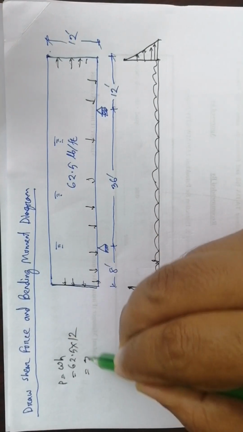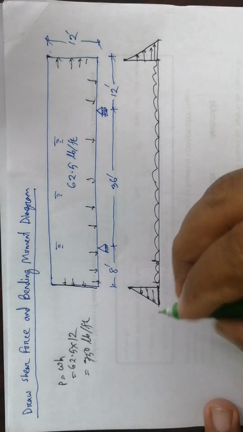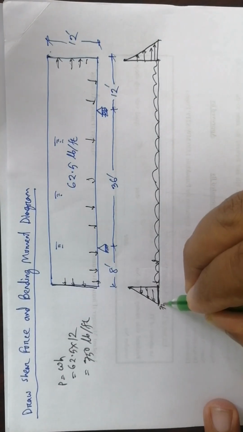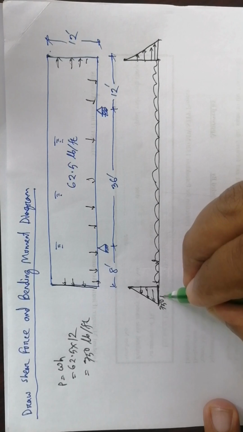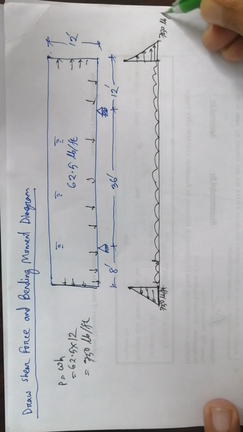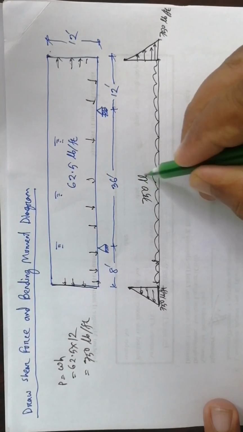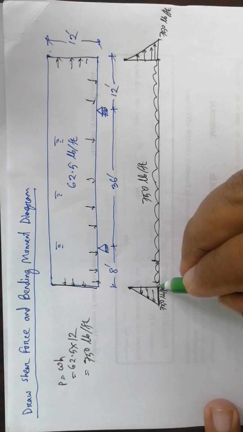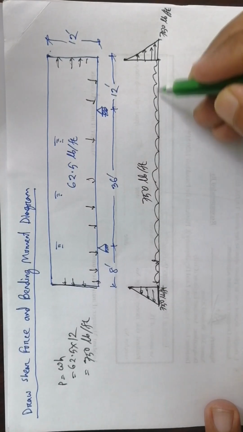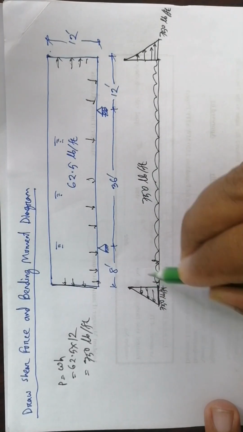So it is 750 pound per feet. So here is 750 pound per feet, and also the distributed load of 750 pound per feet, because throughout this beam there is 12 feet height of water.